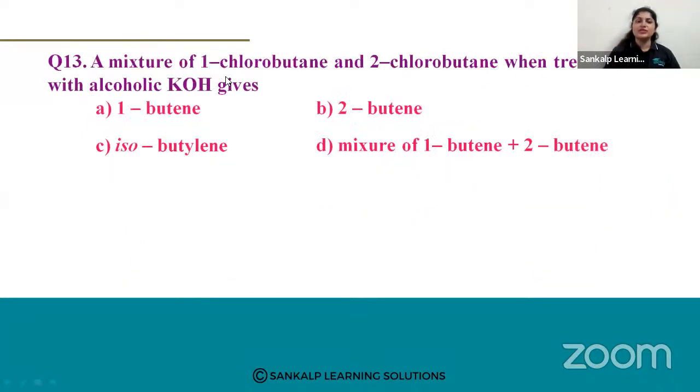One more last question and then we'll stop the session. A mixture of 1-chlorobutane and 2-chlorobutane when treated with alcoholic KOH gives you what? So 1-chlorobutane is Cl, CH2, CH2, CH2, CH3. And 2-chlorobutane will be CH3, CHCl, CH2, CH3.